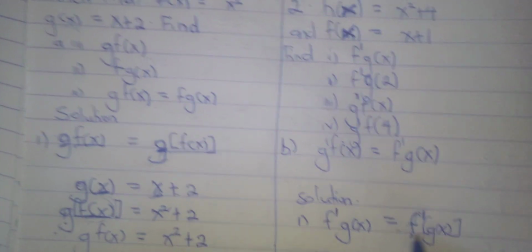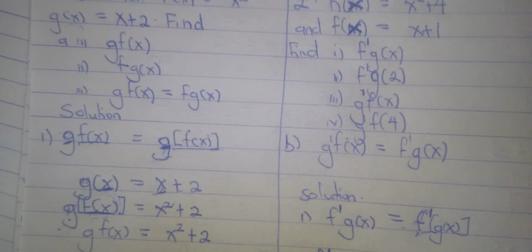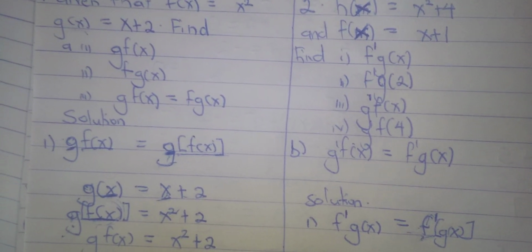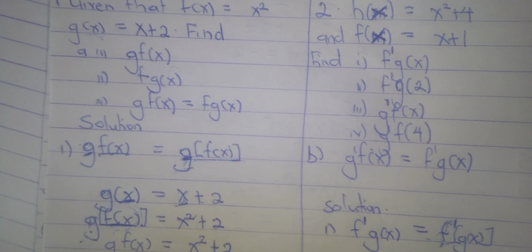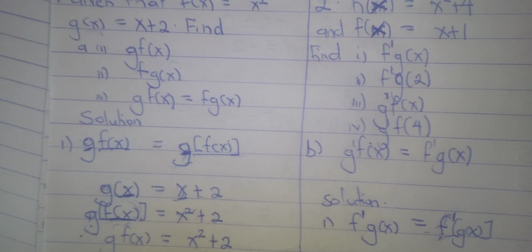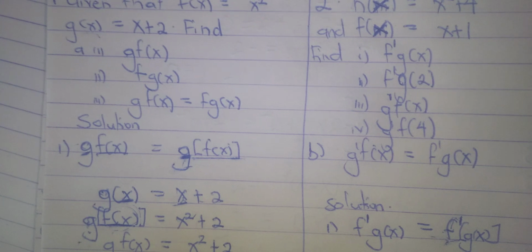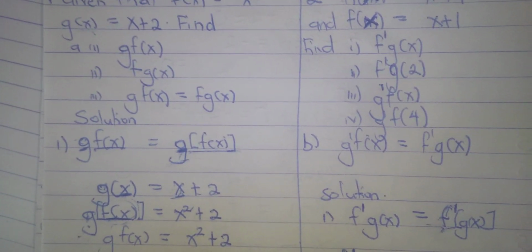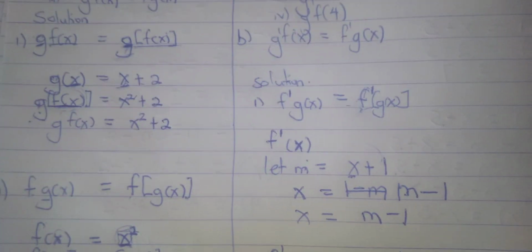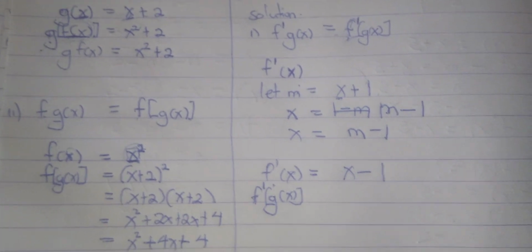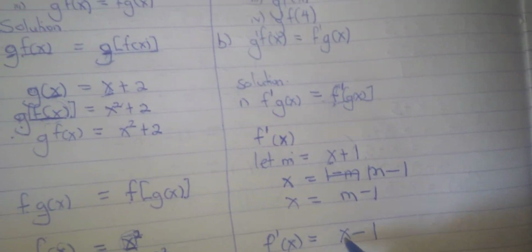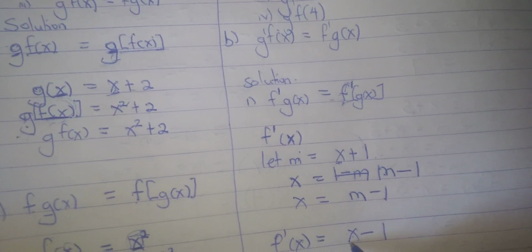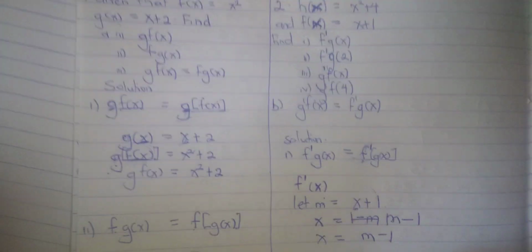But that's not what they want of us. So we have to go ahead and look for what they want, which was f inverse g of x. Since these are the same, where we see x, we shall put there g of x.